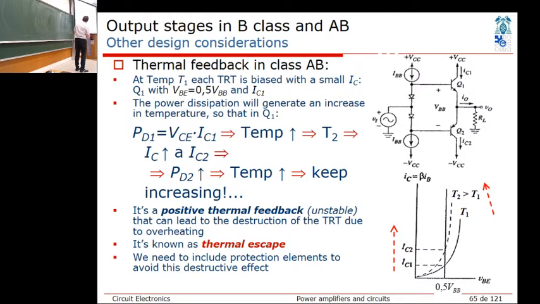Where that comes from is explained on this. First of all, we are starting to generate heat on the transistors, which means that with the same bias voltage, we are biasing a small current coming here, but when the temperature rises, we are also shifting the collector bias current higher.